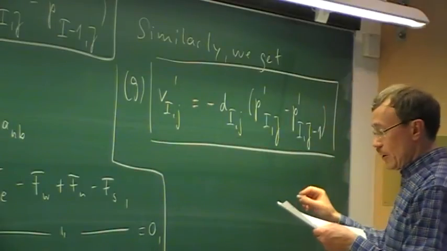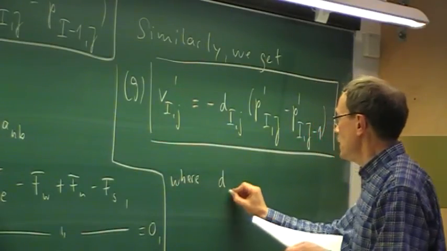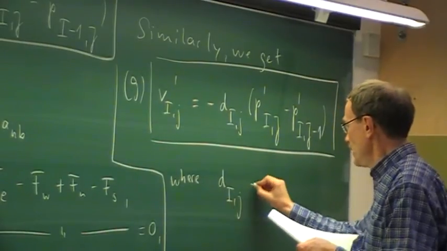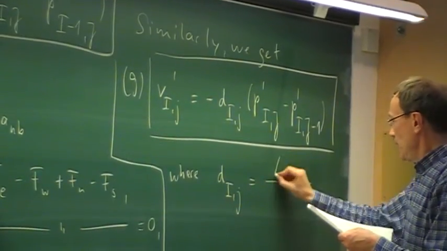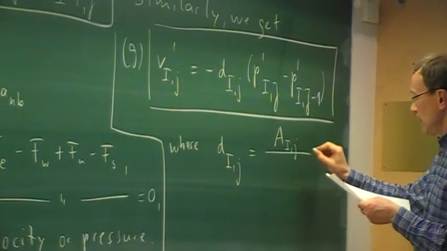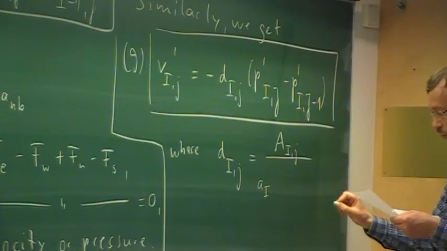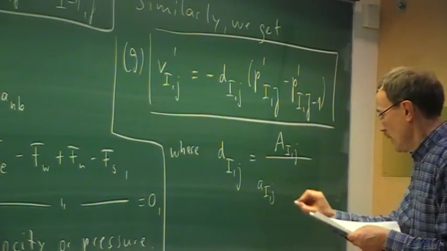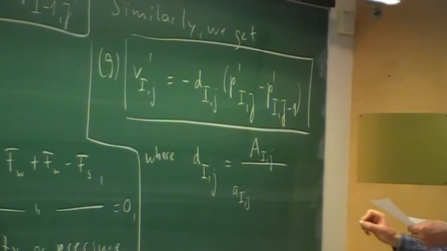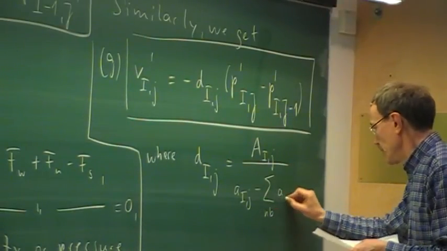And the D coefficient here is Dij, the area of the corresponding face, divided by the center coefficient now for the y momentum equation, Aij minus the sum of the neighboring coefficients.